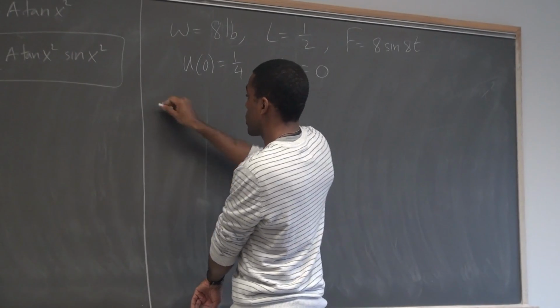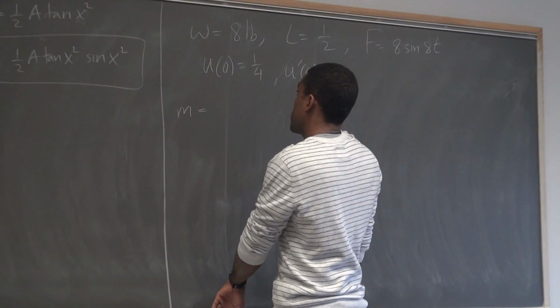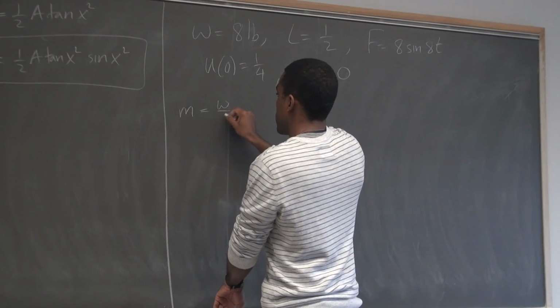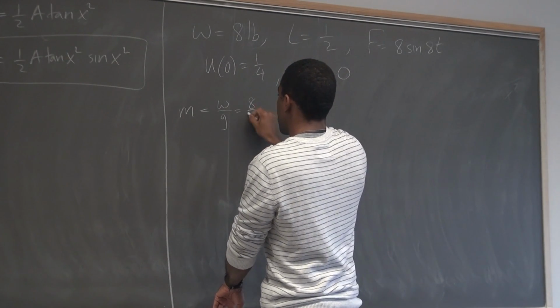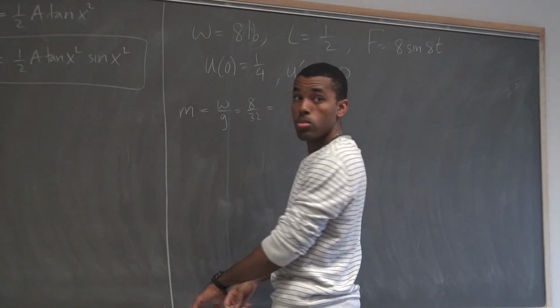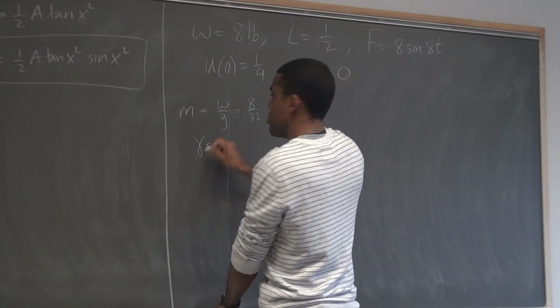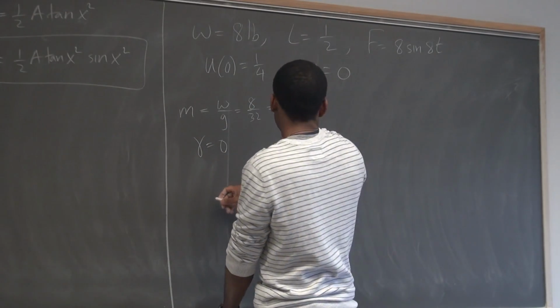Okay, so we're going to need the m, the gamma, and the k, right? So m is weight over gravity, so it's 8 over 32, which is 1 over 4. Gamma, they didn't mention any damping, so gamma is 0.